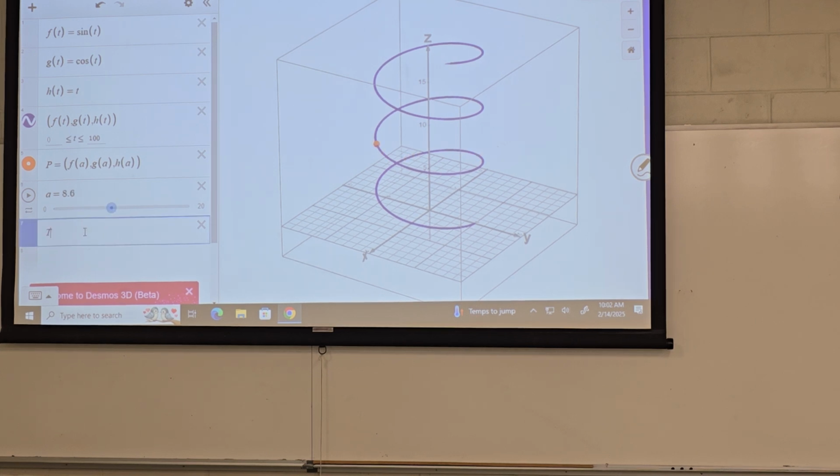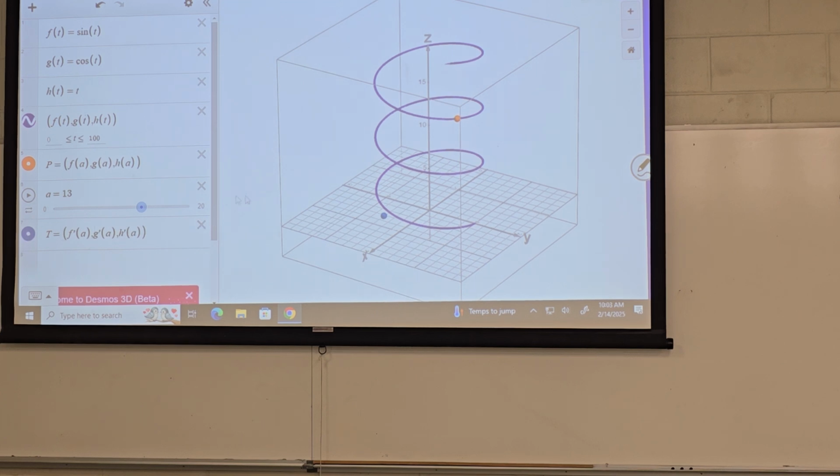To get the tangent vector, just call it t. Your tangent vector is f prime of A, and Desmos just knows how to compute that. G prime of A, H prime of A. And we can just turn off that point.